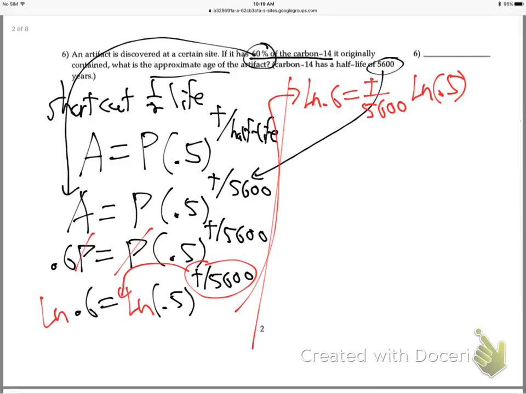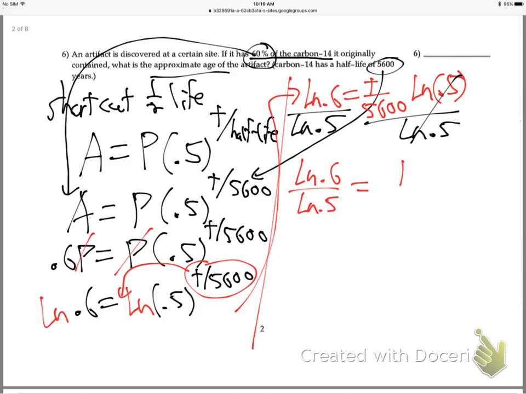Now, what do we do to solve for T? We're going to get that T alone. We could divide off the ln 0.5 on both sides, for starters. And we'll get ln 0.6 over ln 0.5 is T over 5,600.